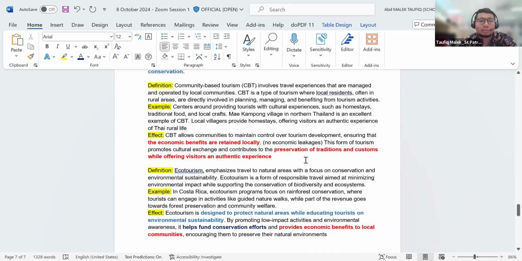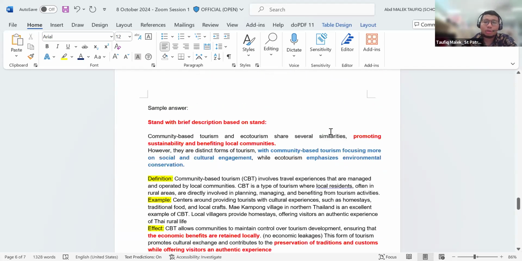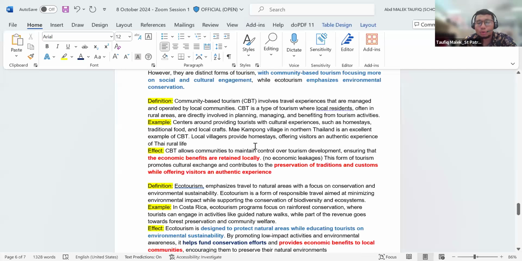Very detailed answer. Okay. But if you are used to it, you keep writing, and then you know the idea. You must understand the idea very well. And you try to make connections or links between CBT, ecotourism, and tourism. When you do your revision, you try to find out the similarities, and the differences. Try to make connections in such a way that, hey, this one is actually better, this one is actually lower, this one is not so good.